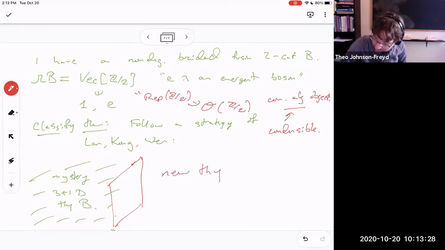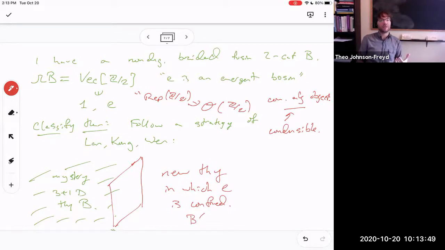A new 3+1d topological order in which the particle E is confined. And maybe I'll call it B prime. It's another modular tensor category. And I'm saying this all in the physics language, but I want to emphasize that this is really a procedure just in the world of fusion 2-categories.